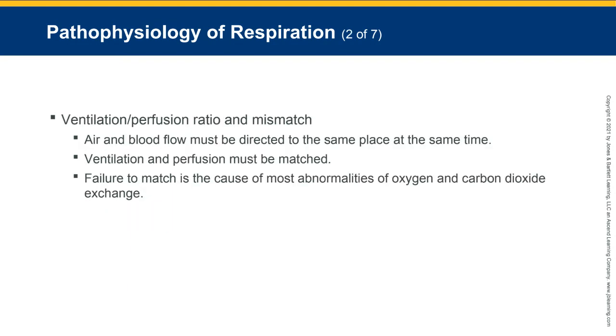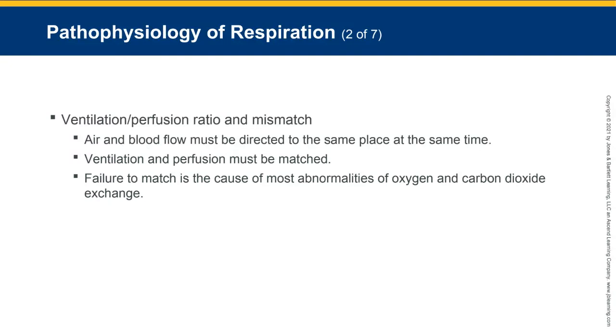Ventilation and perfusion ratio and mismatch. Air and blood flow must be directed to the same place at the same time. So when the patient breathes in and that oxygen reaches the alveoli, blood must be coming from the right side of the heart and end up in the pulmonary capillaries, and this blood must be deoxygenated.